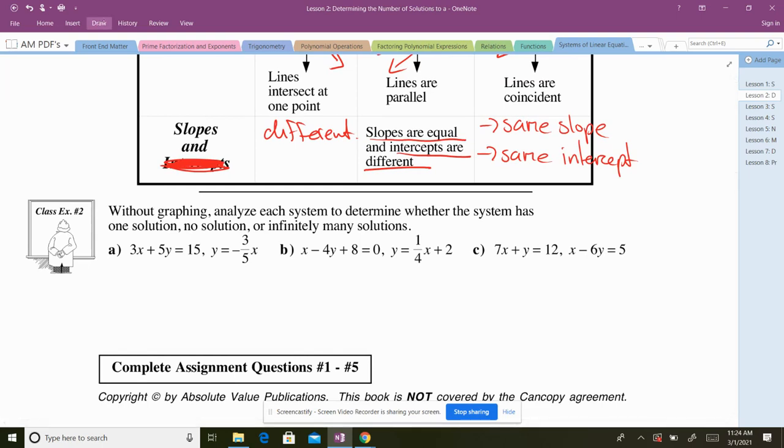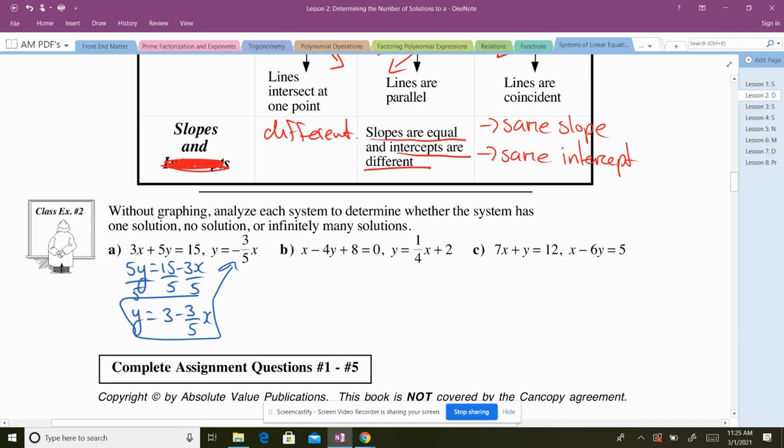So the first one here. Every time you have to put them in y equals mx plus b form. So 5y equals 15 minus 3x. Divide off the 5s. y equals 3 minus 3/5 x. So that and that.